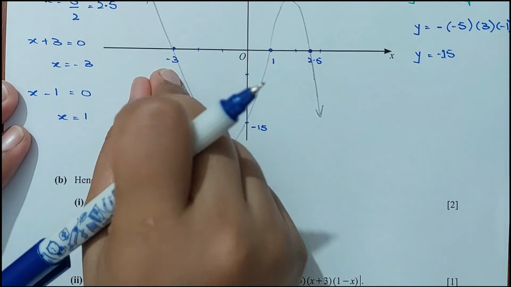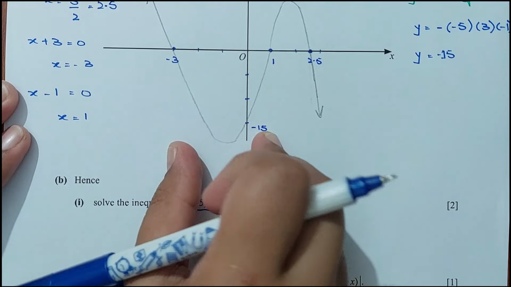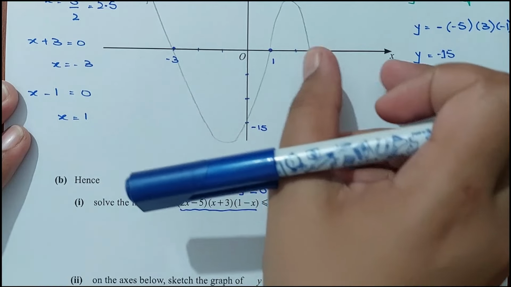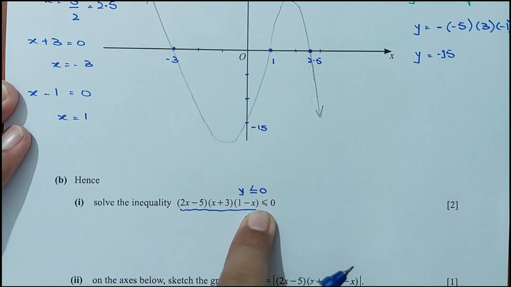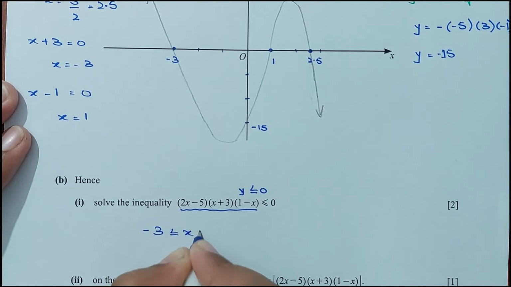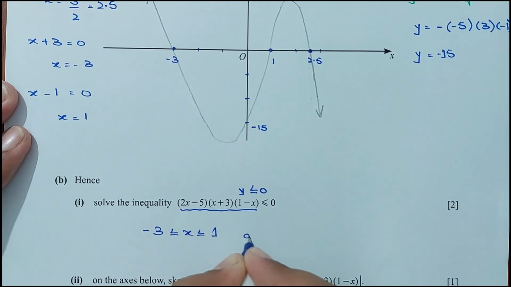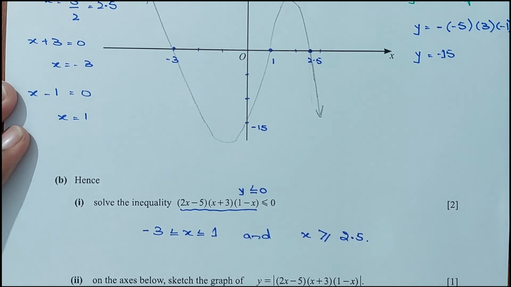When the x values are between minus 3 and 1, the y values are less than or equal to 0, and when x values are more than 2.5, it is also less than or equal to 0. So we can say minus 3 is less than or equal to x is less than or equal to 1, and x is greater than or equal to 2.5. The y values are equal to 0 and less than 0.